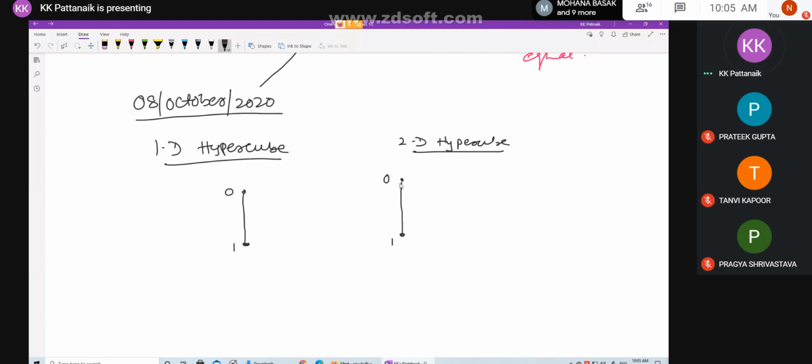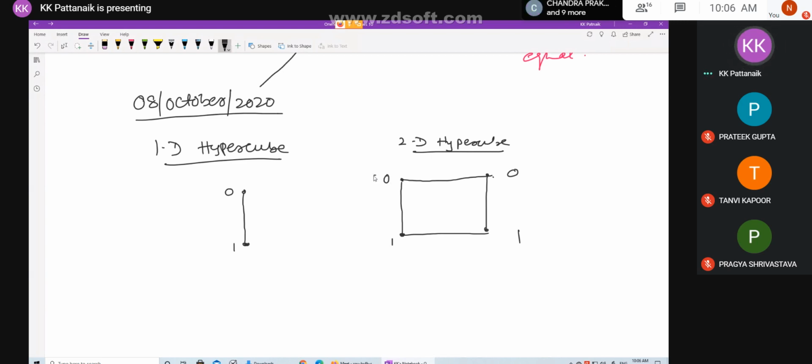So 1 0, 0, this is 1. Okay, 0 1, and then you connect 0 with 0 and 1 with 1, and then each node will have two digit labels.